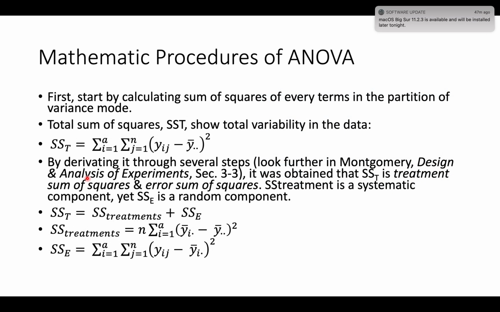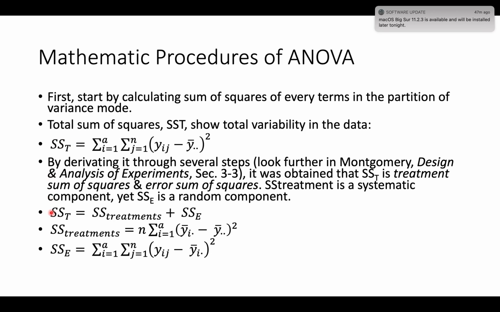To do the ANOVA, first we can show that the total sum of squares is given by this formula. The total sum of squares is the total variability in the data, the overall variability of the data.